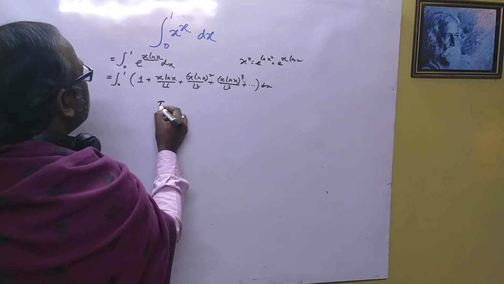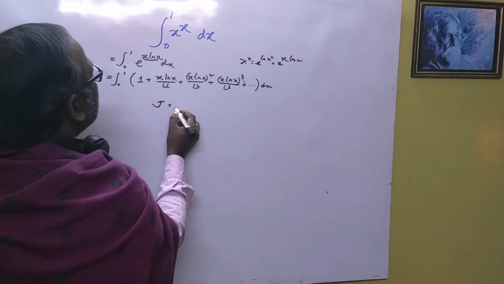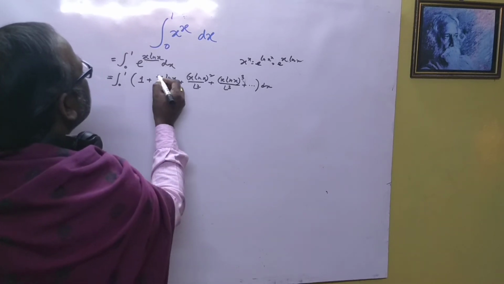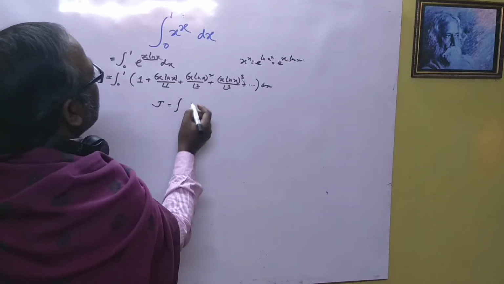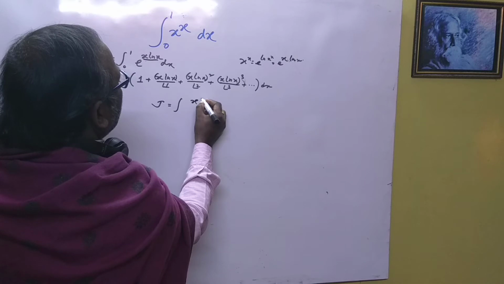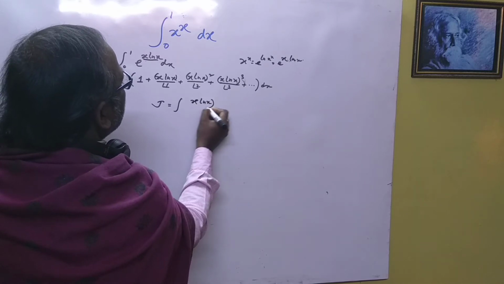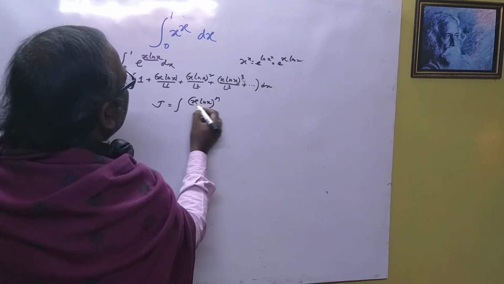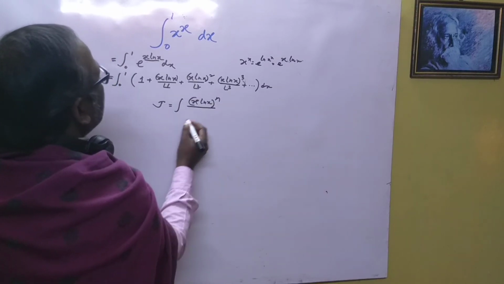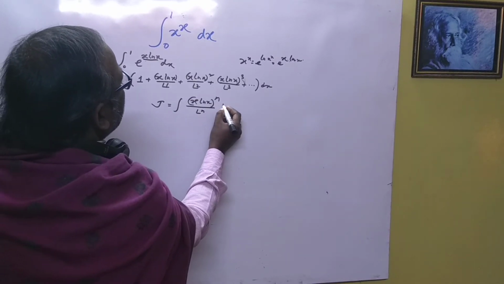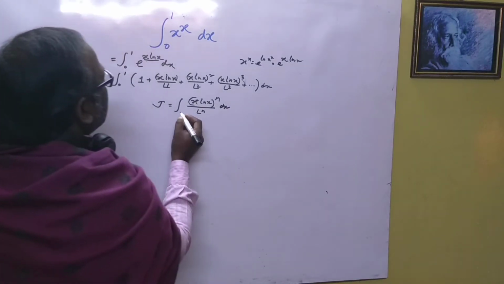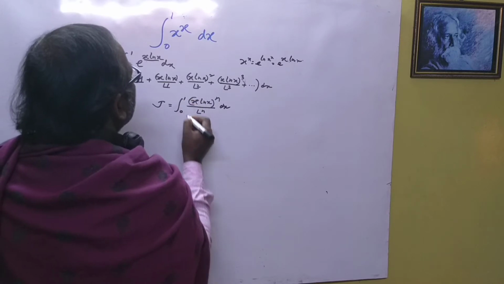Now let us assume my integral is J, which is the sum of the terms with power 1, power 2, like that. So let us assume x ln x to the power n by factorial n, dx, from 0 to 1.